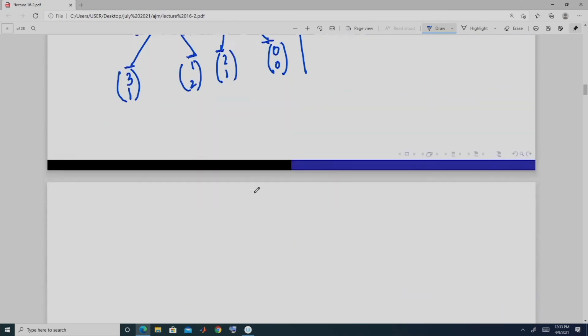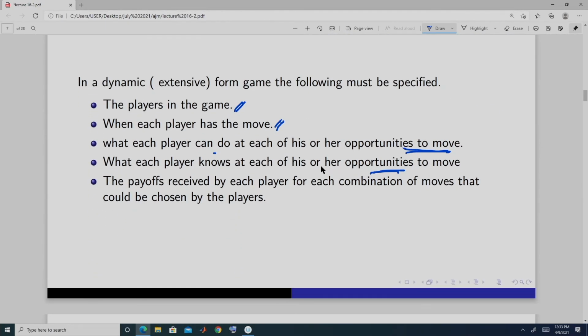We have to specify this, and we call this the information set of the player. We will define the information set later on. And we have to also specify the payoffs. If we do not specify the payoffs, then we will not be able to play the game.